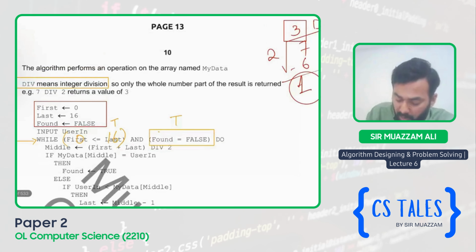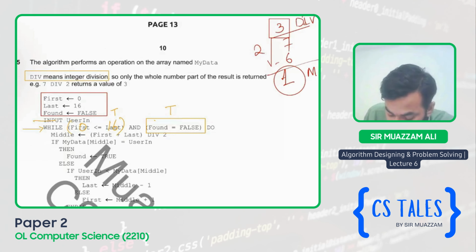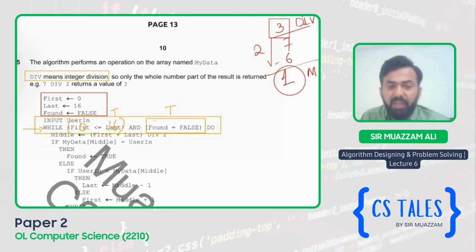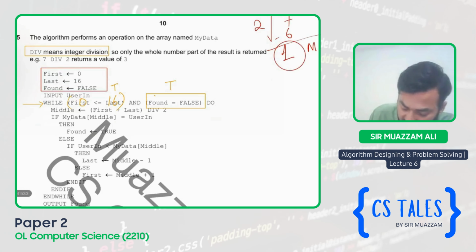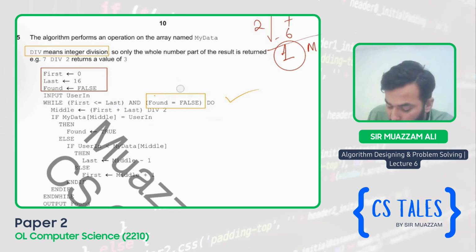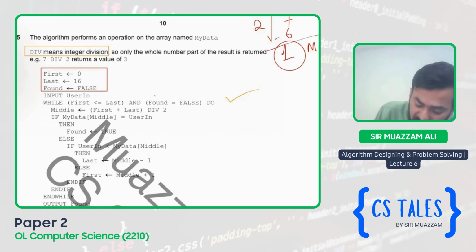I am saying this because there is an AND. When you have an AND operator, it means if both your conditions are true, then you move. Otherwise, you stop. So he is saying that the conditions are true, which means you have a green signal to move forward.